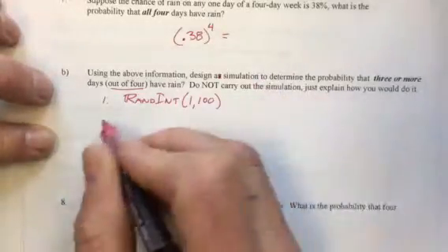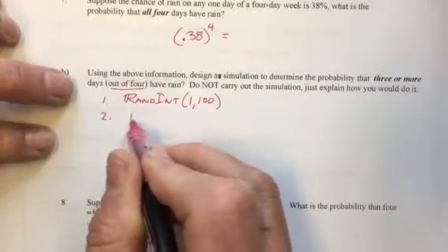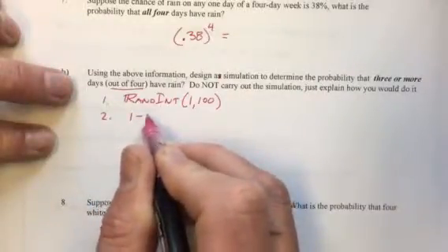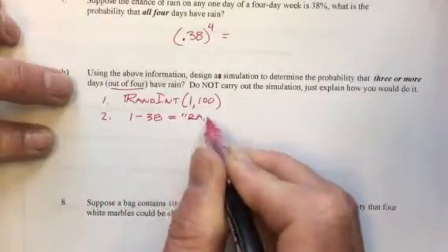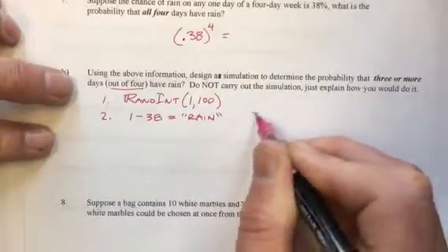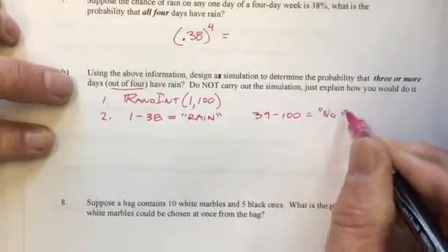And then I'm going to say step 2 is 1 through 38 equals rain, and then 39 through 100 is no rain.